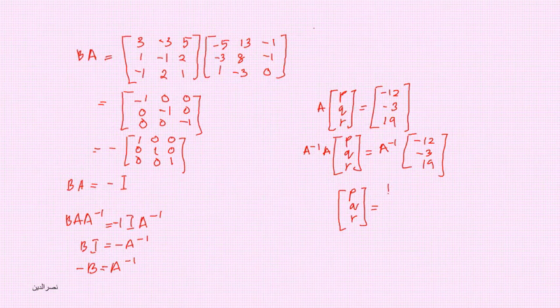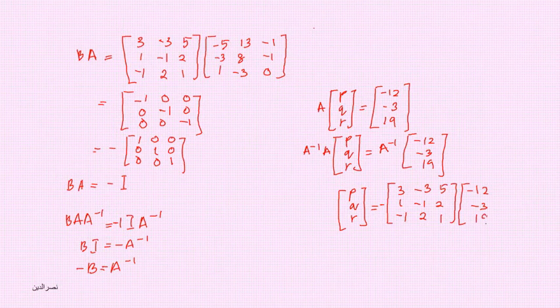Then we substitute A inverse equal to negative B, so we have 3, 1, negative 1, negative 3, negative 1, and 2, then 5, 2, and 1, times negative 12, negative 3, and 19.